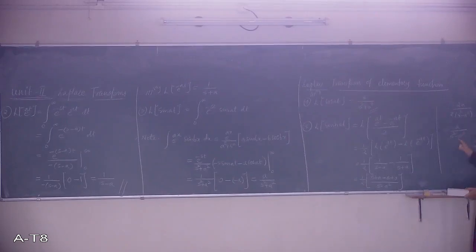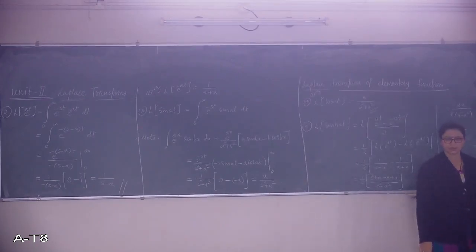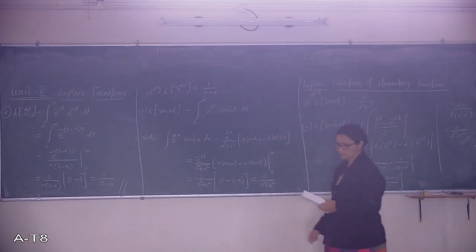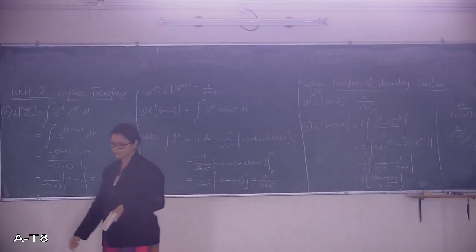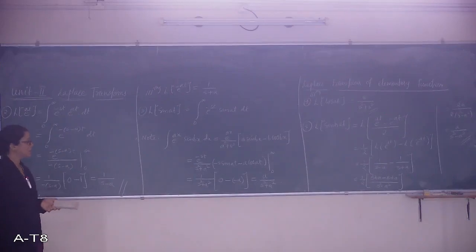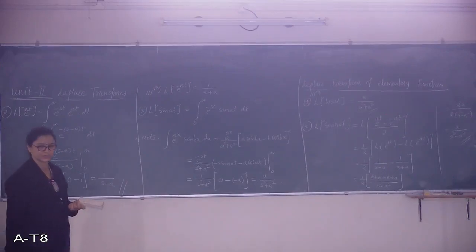Okay. So here s should be greater than a. So it is Laplace transform of sine hyperbolic at. It is a upon s square minus a square. Now similarly you can find it for cos hyperbolic at. Yes, we have already done this. Recall that result. What is Laplace transform of cos hyperbolic at?